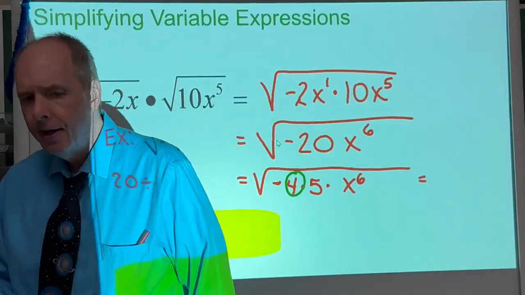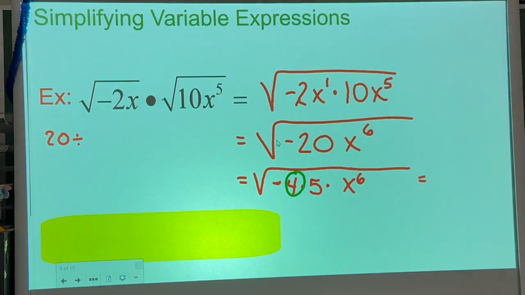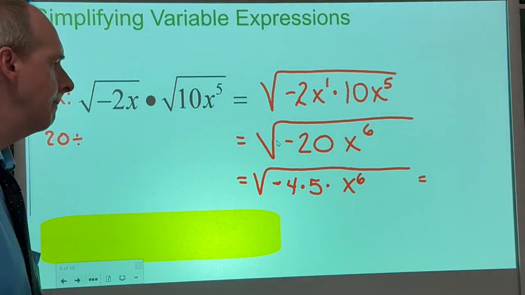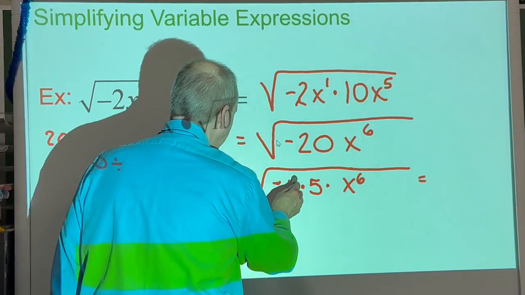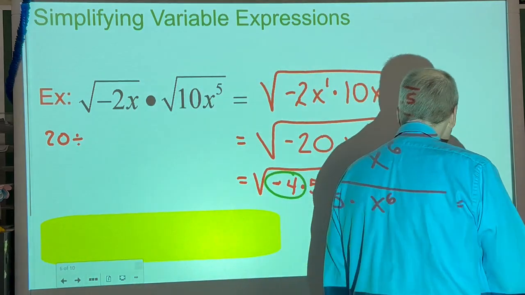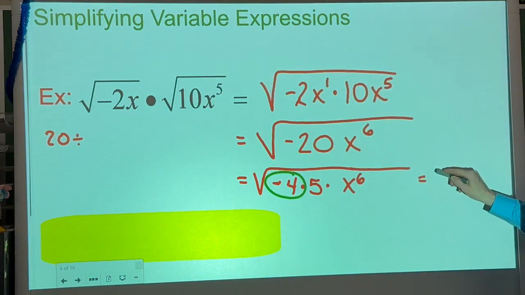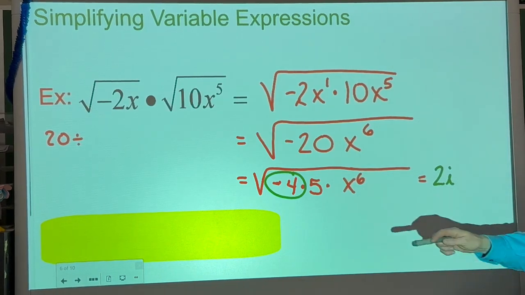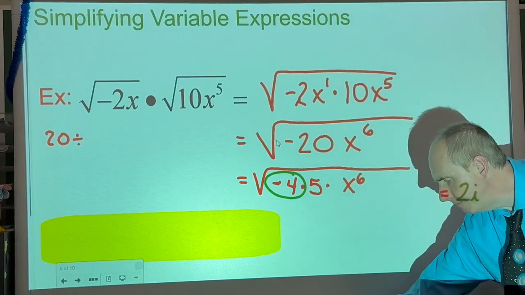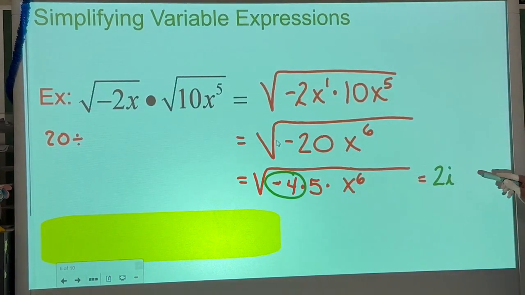But better yet, what's the square root of negative 4? Anytime you take the square root of a negative, you get an i. So the square root of negative 4 is 2i. Do we know the square root of 5? Please say no. Okay, no, good. Then it stays under the square root.